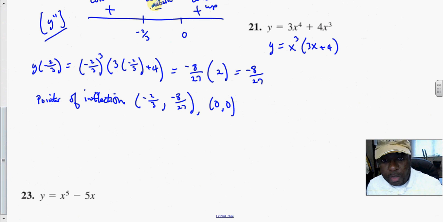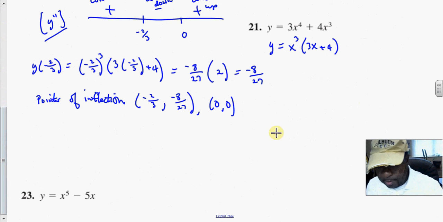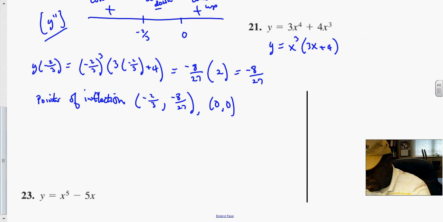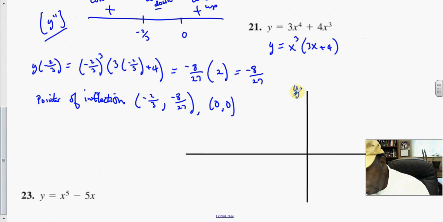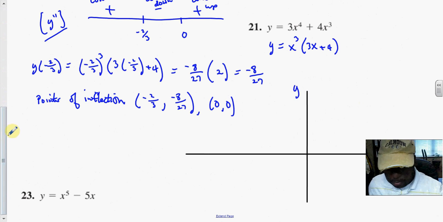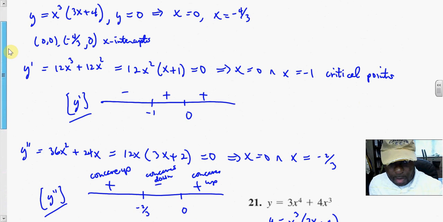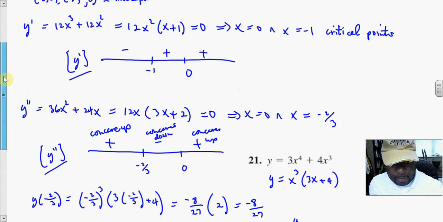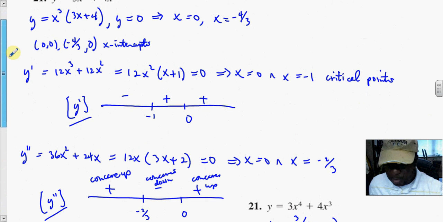Okay. I need to draw the graph. X-axis, y-axis, and see, what do we need? We got the intercepts, the maximums, and the minimums. That's what I'm looking for.